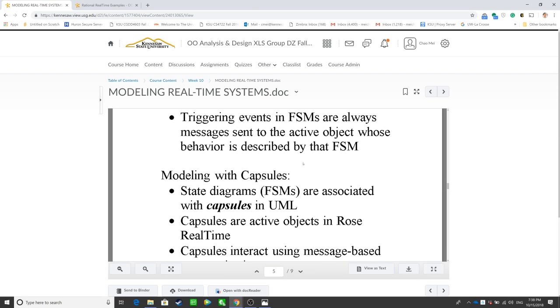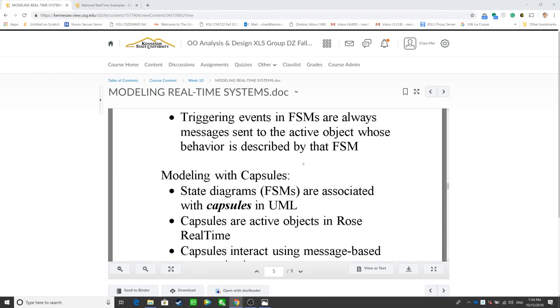Like I'm a microwave, running independently on my own thread, and if I receive a message from the door class saying open, then I shut myself down and open the door. So that's sending messages. It's not calling anymore. Sending messages through some port.